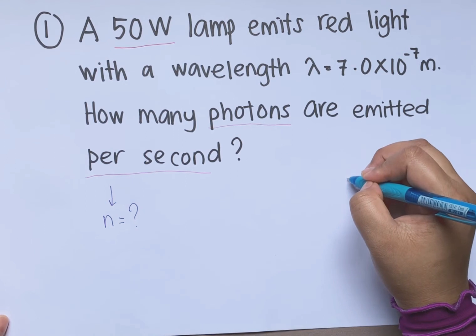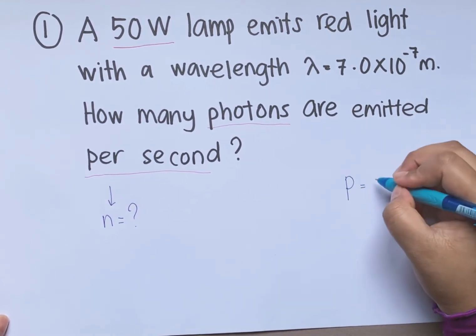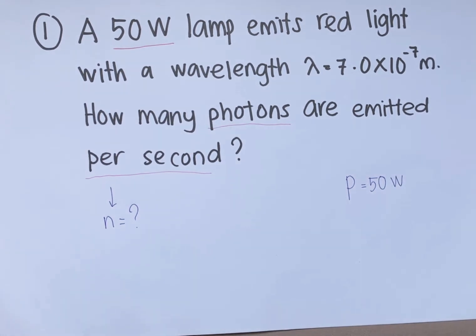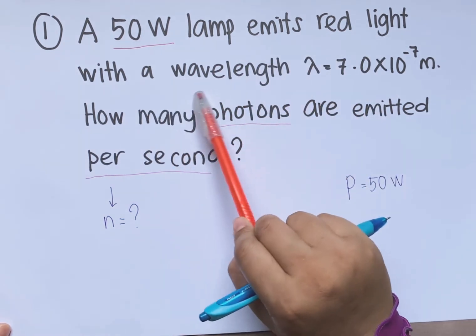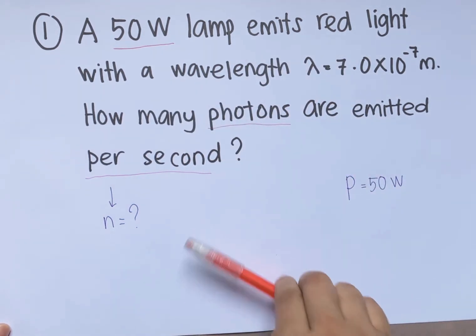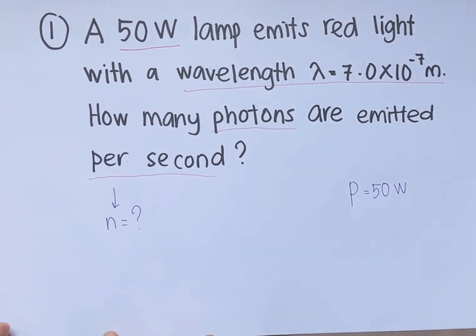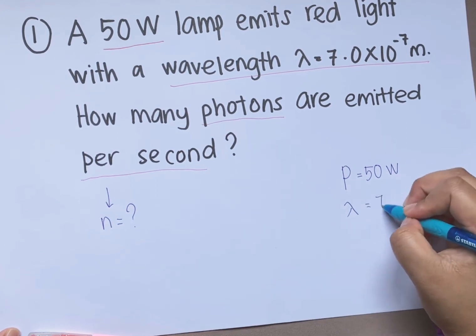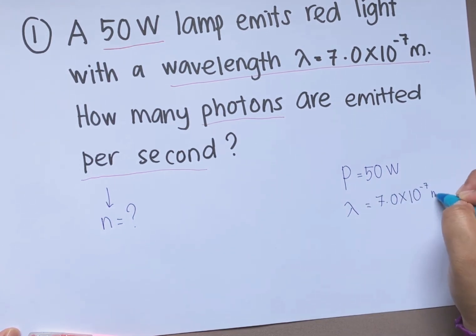I will write P, which is power, is equal to 50 watt. Then we go through again. It emits red light with a wavelength of 7.0 times 10 to the power of -7 meter. I can write it here as lambda is equal to 7.0 times 10 to the power of -7 meter.